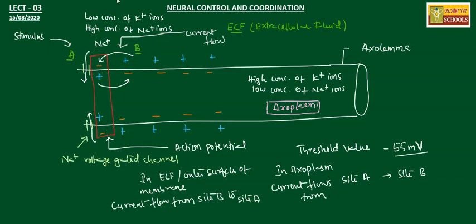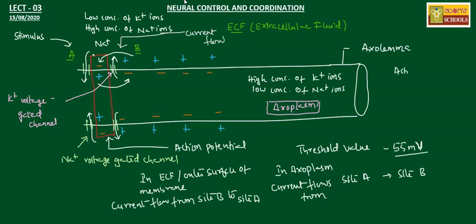So at this point we have the potassium voltage gated channel, and this will allow the movement of the potassium ions to outside at the point of depolarization. So this generates the action potential.